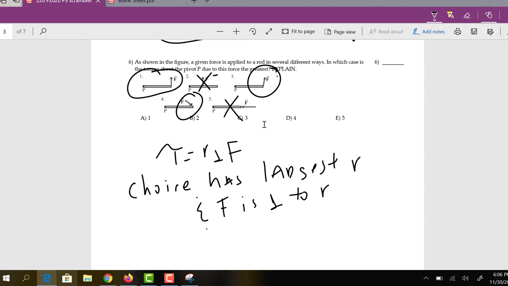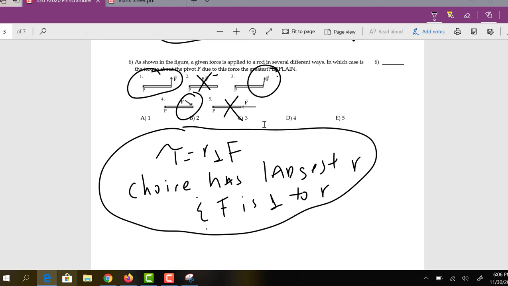So something like that. And again, you could write this on a piece of paper, take a picture of it, upload it, but probably this one you could almost just type it out too. Just say torque is R perpendicular. You could type out the word perpendicular times F, and choice 1 has the largest R, and F is perpendicular to R. So however you want to do that.